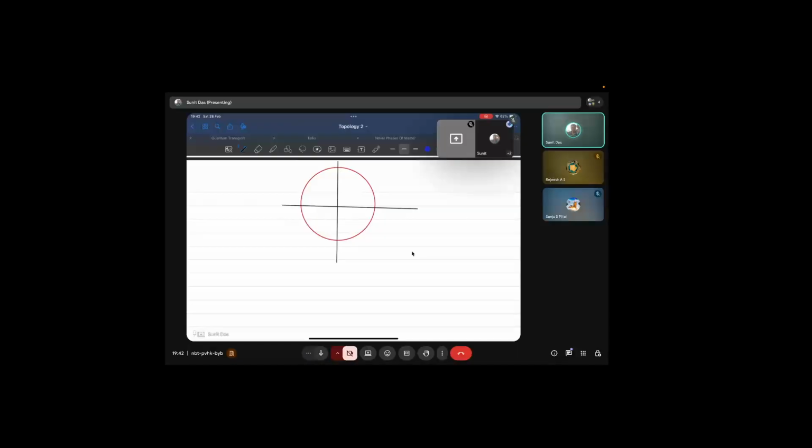So if you draw carefully, what will happen is that your direction is going to be something like this. So you started from this. Now, how do you see that, right?